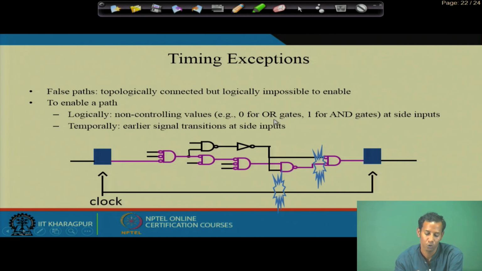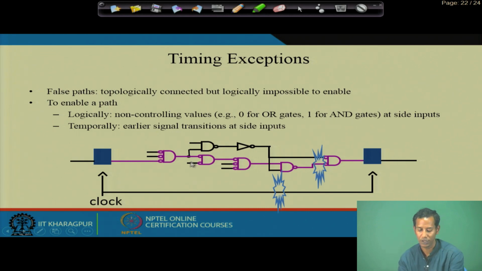To enable a path logically, we need the non-controlling values, that is 0 for OR gates and 1 for AND gates, at the side inputs, and temporally we want to enable the path with the earlier signal transition at the side inputs.